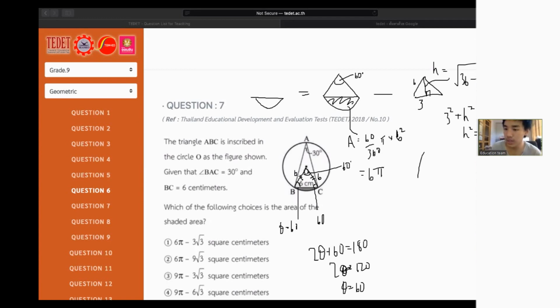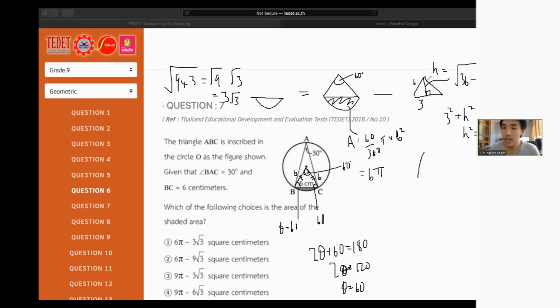The 9 with the square root gives you 3. So root 27 is root 9 times root 3, and root 9 is 3, so it's 3 root 3. So we have 3 root 3 here, so h is 3 root 3.